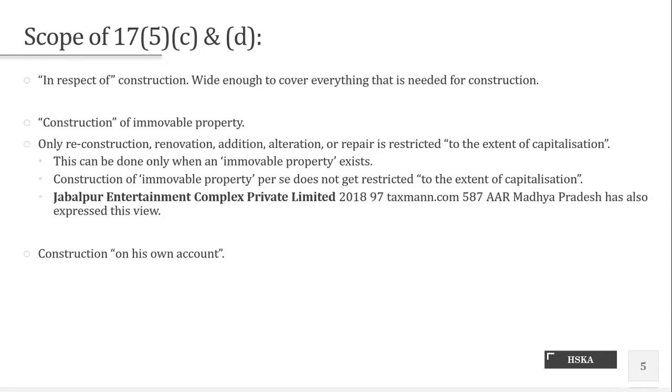Since the term construction is not defined to include only the four walls and exclude something else, there is a gray area. But as Sir rightly pointed out, construction means only the civil part. It is only raising four walls, and anything extra that I do on that is outside the purview of construction itself. Four walls, foundation, and the ceiling. Right, so MEP, four walls, and the foundation. Correct.